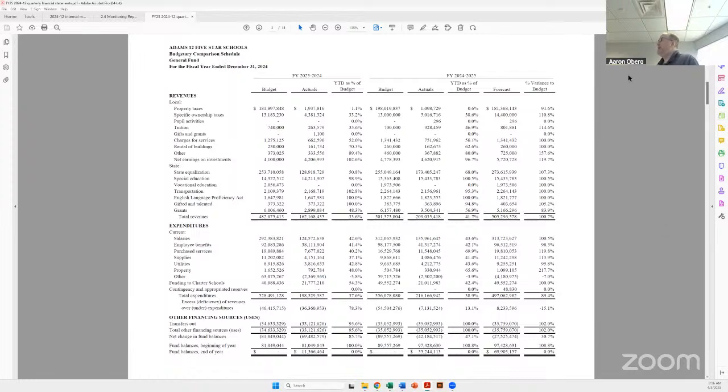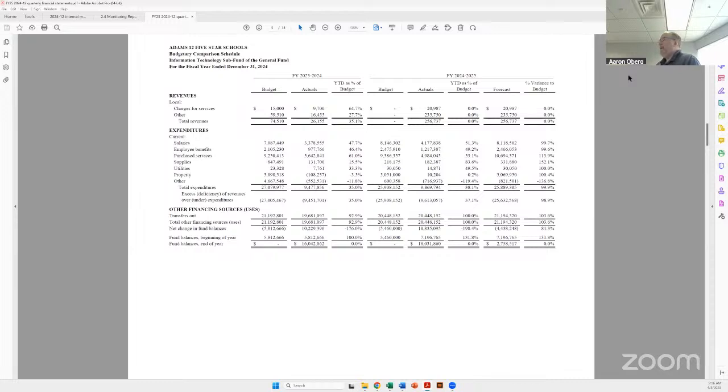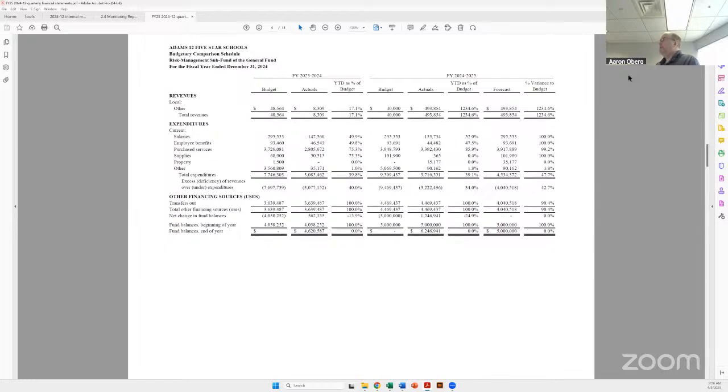We do the same thing on sub-funds of the general fund, which include our instruction reserve. These are the monies that we set aside for curriculum adoption and our IT pieces for device implementation, or rather device refresh, sorry.